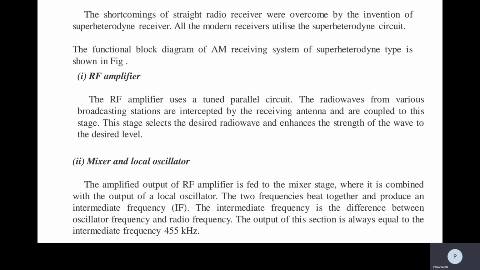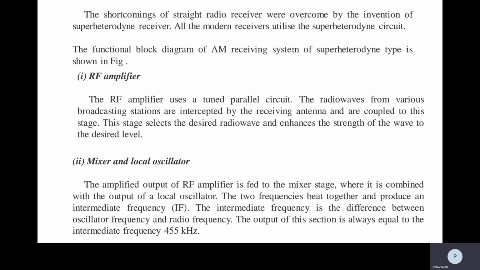Now we will see here. The amplified output of the RF amplifier is fed to the mixer stage where it is combined with the output of a local oscillator. The two frequencies beat together and produce an intermediate frequency, IF. The intermediate frequency is the difference between the oscillator frequency and the radio frequency.